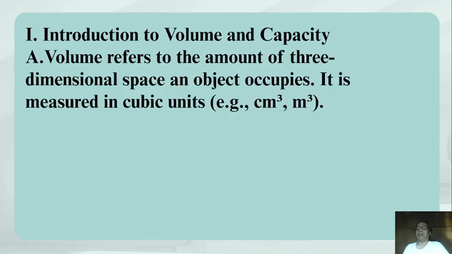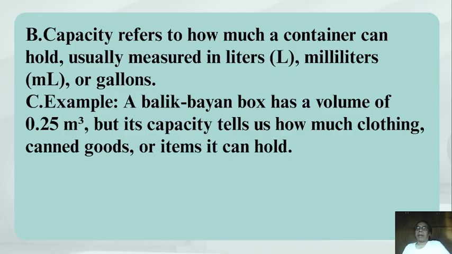Introduction to volume and capacity. Volume refers to the amount of three-dimensional space an object occupies. It is measured in cubic units, cubic centimeters, cubic meters. Capacity refers to how much a container can hold, usually measured in liters, milliliters, or gallons.